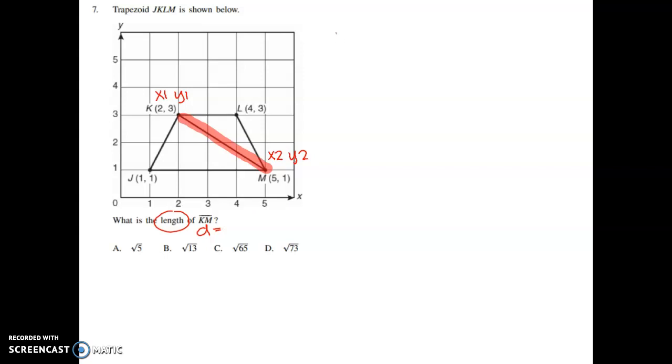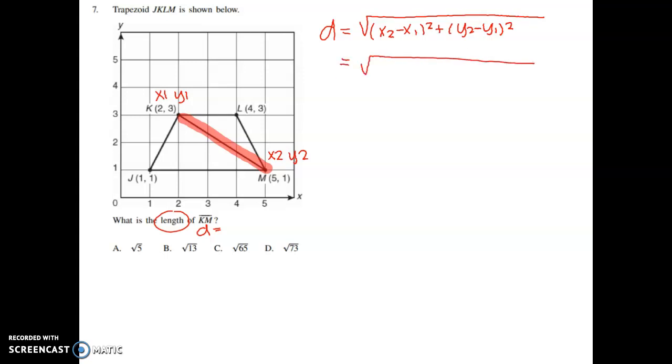And our distance formula is d equals really long square root x2 minus x1, square that, plus y2 minus y1, square that. Then we gotta replace our numbers. This becomes 5 minus 2 squared plus 1 minus 3 squared.